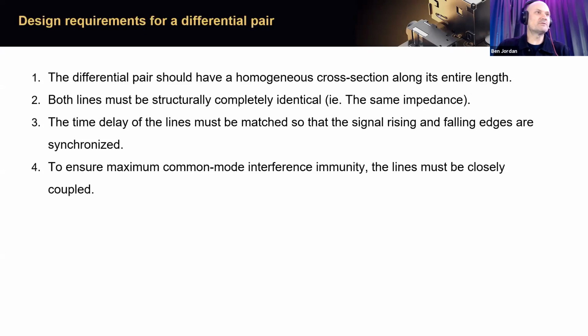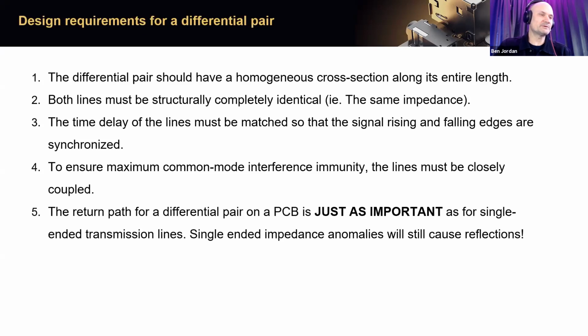Okay, to ensure maximum common mode interference immunity, the lines must be closely coupled, which we talked about. That common mode coupling helps with noise immunity, common mode noise rejection. Okay, the return path for a differential pair is just as important as for single-ended lines.